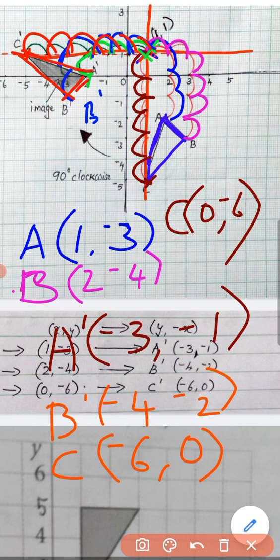It is given. Then imagine this is the origin, and make a new x-axis and a y-axis. Using the new x-axis and y-axis, find the coordinates of A, B and C.